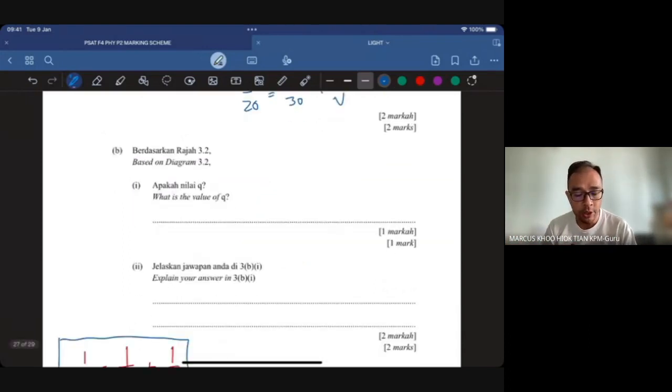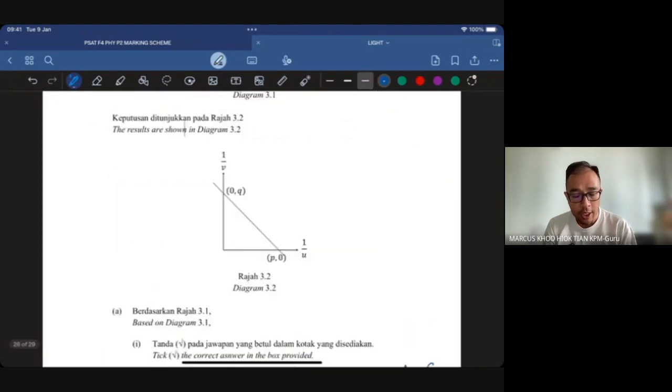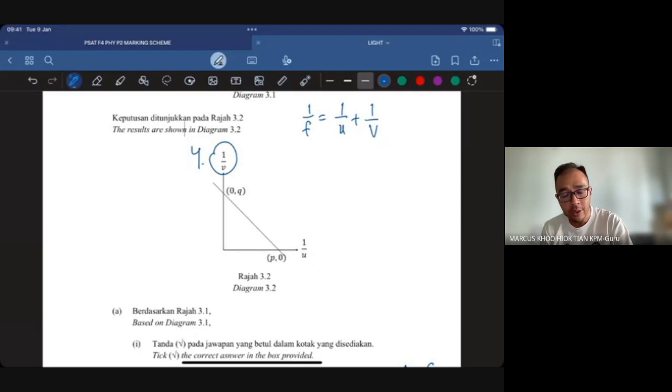Based on diagram 3.2, what is the value of Q? Let's take a look at this. This is 1 over F equals 1 over U plus 1 over V. But our y-axis is 1 over V, so let me switch this around. I get 1 over V equals 1 over U minus 1 over F. Oh, sorry, did I do this wrongly?